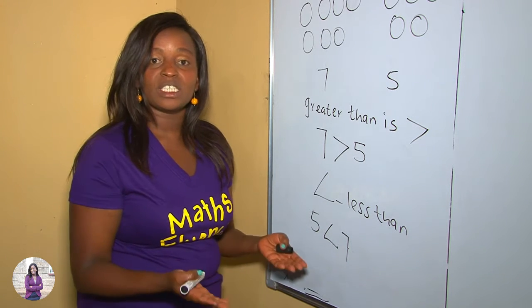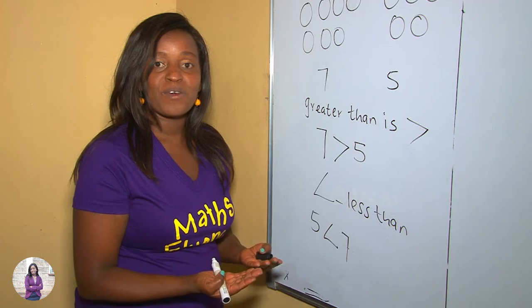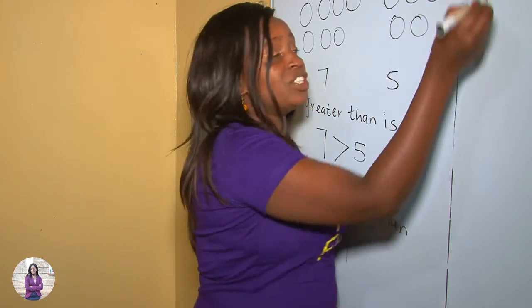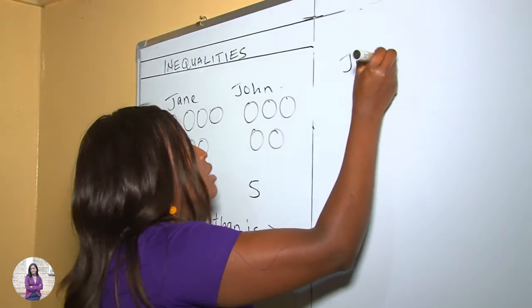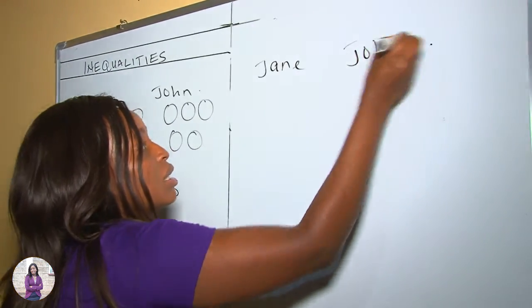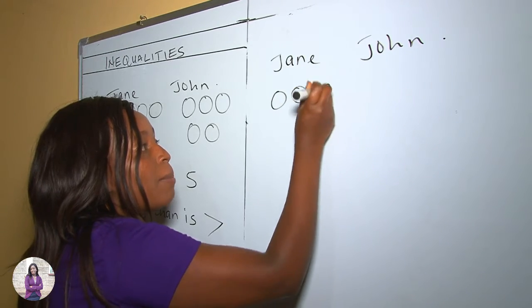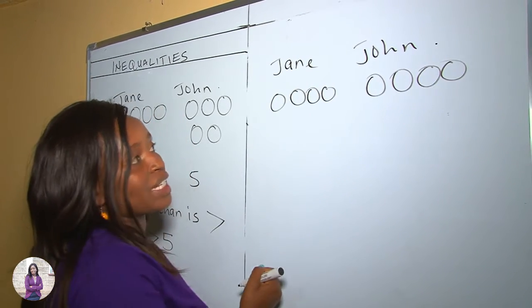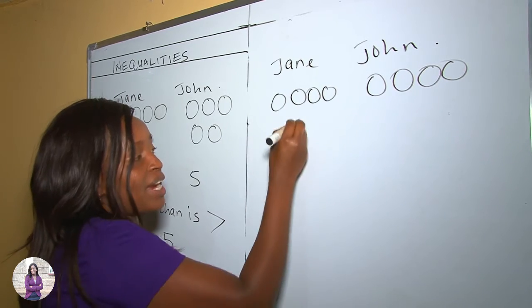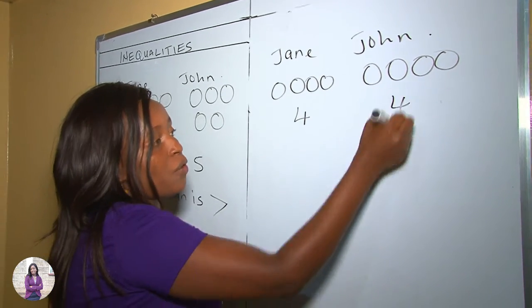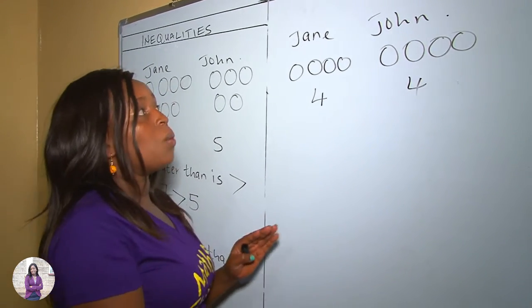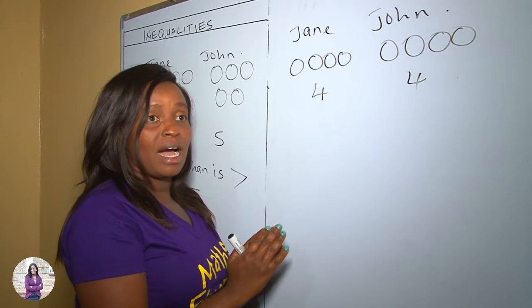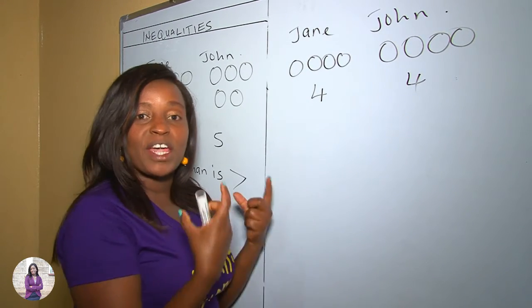What if they got an equal number of apples? Let's say Jane gets 4 and also John gets 4. So here 4 and here 4. If we compare what Jane and John have, we say they have equal.